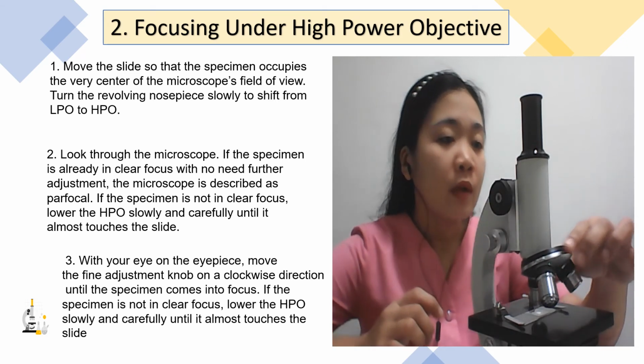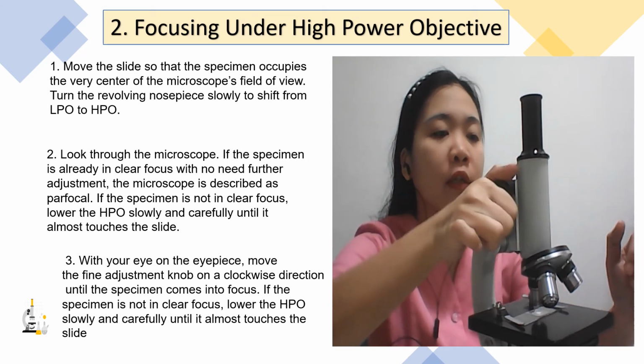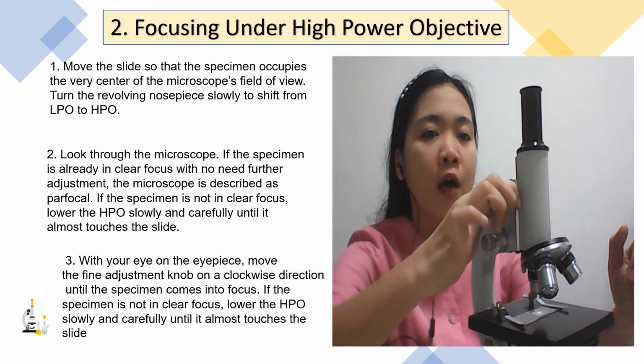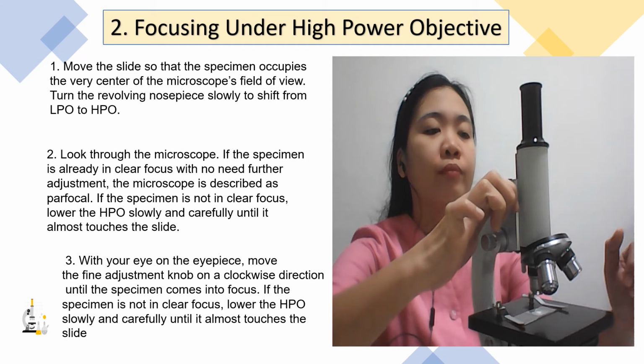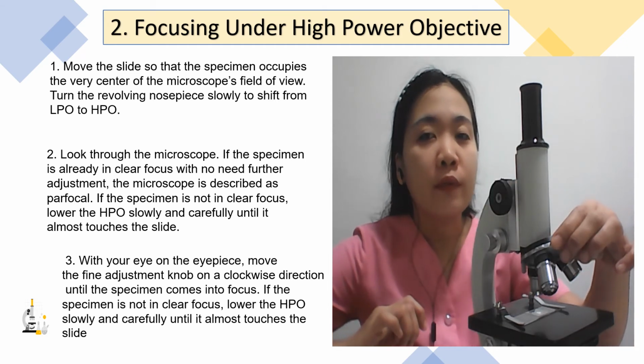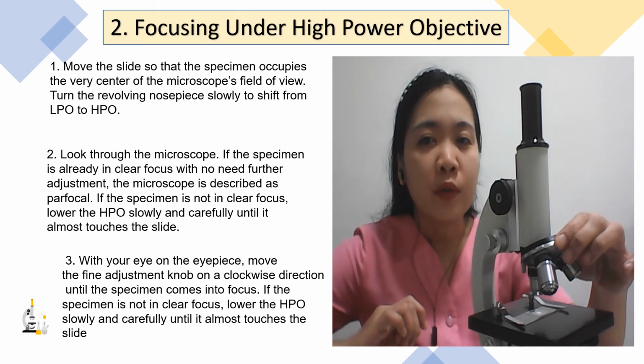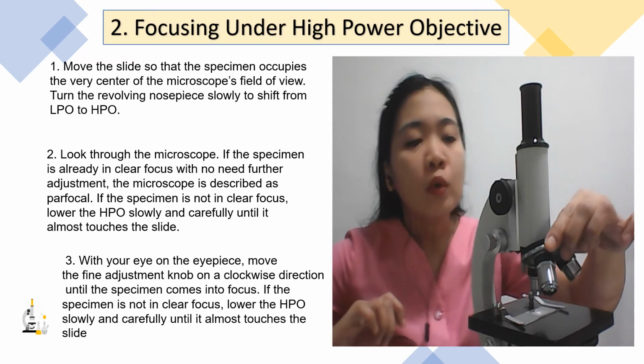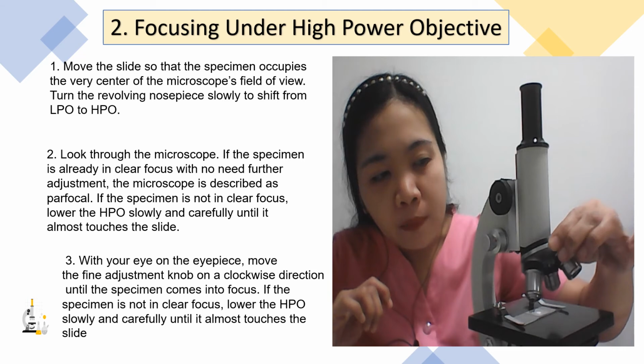Before you shift the objectives, make sure that you raise the body tube first using the coarse adjustment knob. Using the revolving nosepiece, turn it and slowly shift from LPO to HPO or high power objective.